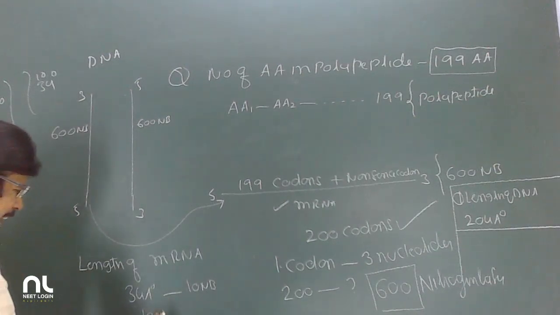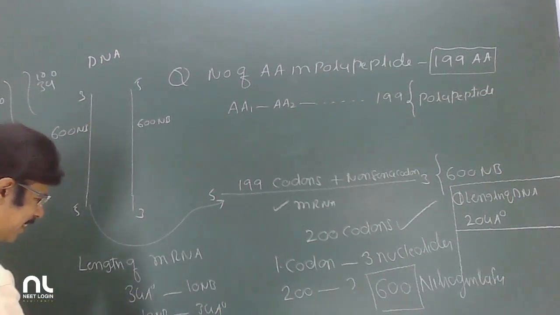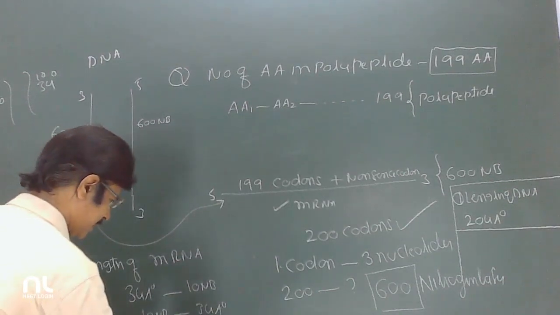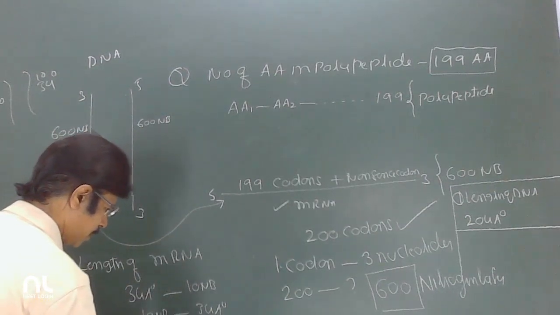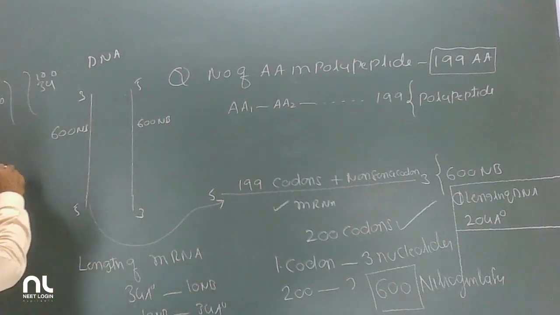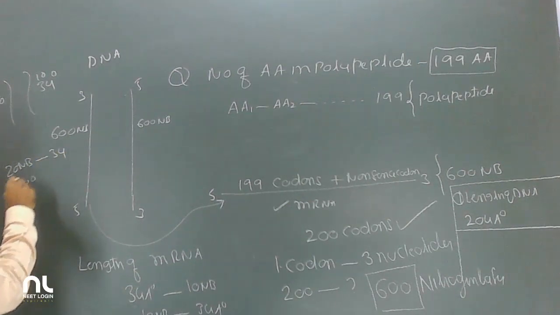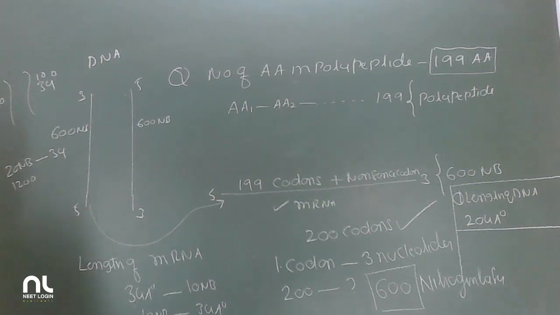So for 10 nitrogen bases, the length is 34 angstroms in mRNA. For 600 nitrogen bases, 600 into 34 by 10. 10 nitrogen bases, 34 angstroms are transferred to the mRNA.